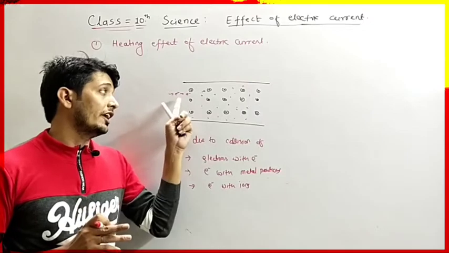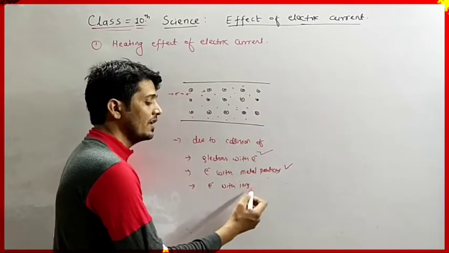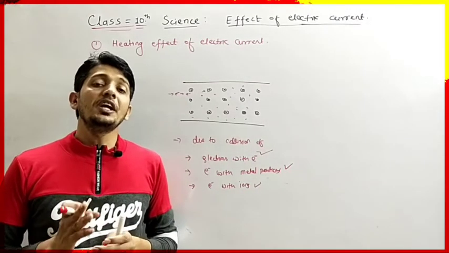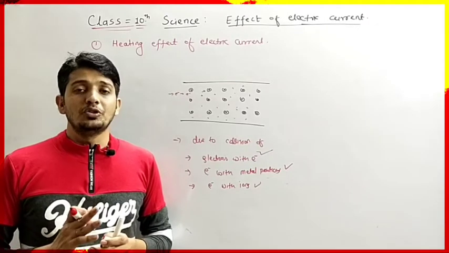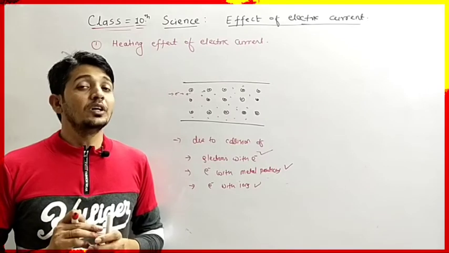That means the electron will collide with other electrons, particles, or ions in a metallic conductor, resulting in the heating effect of the conductor, with the help of the charge flowing through it.